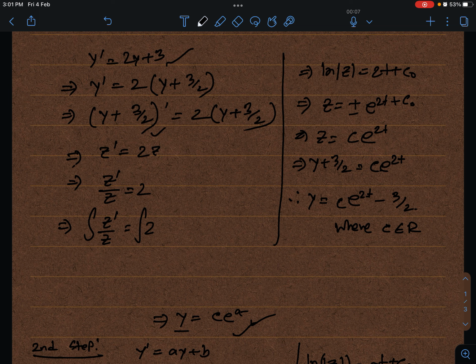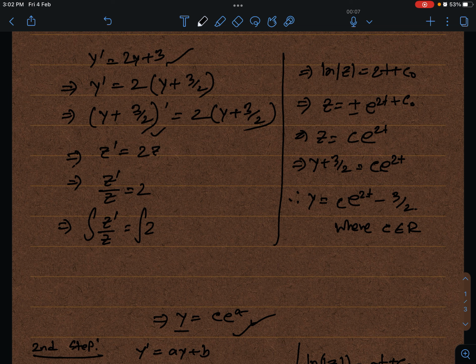Now this particular method is actually very good when you solve differential equations with constant coefficients, right? But it gets particularly difficult in cases of linear differential equations with variable coefficients.